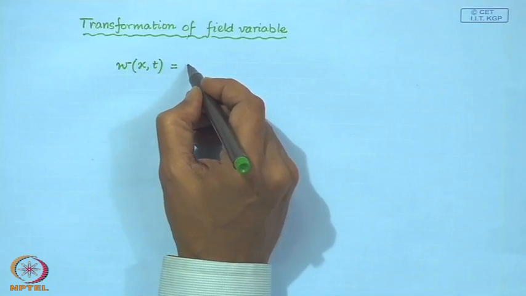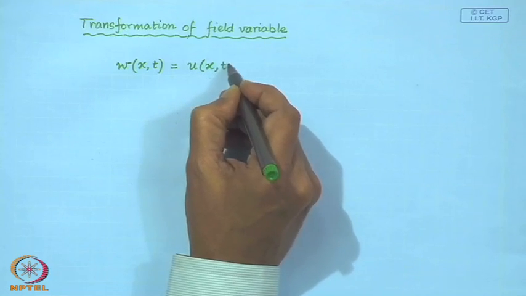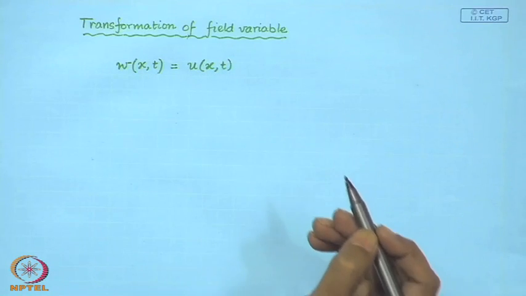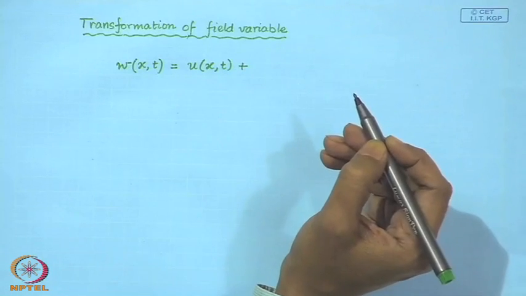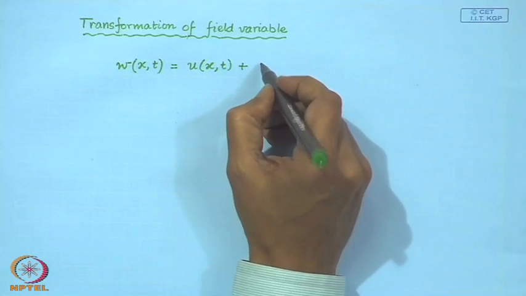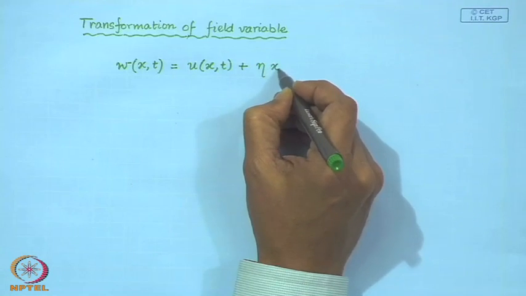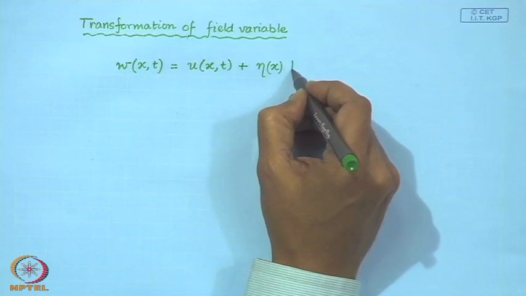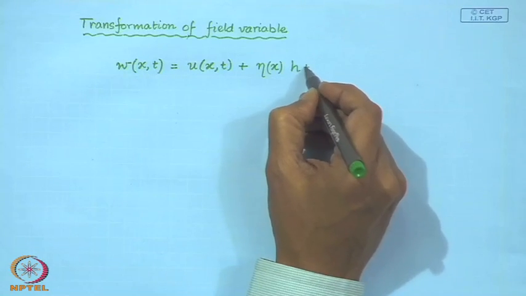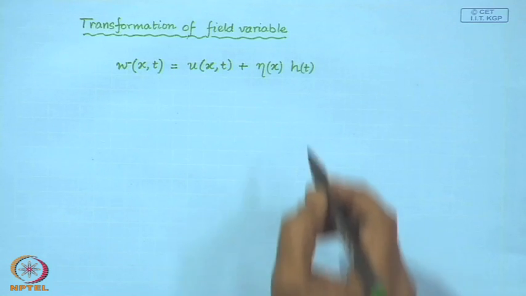We introduce a new field variable, and an unknown function at this point, eta(x), multiplied by h(t).